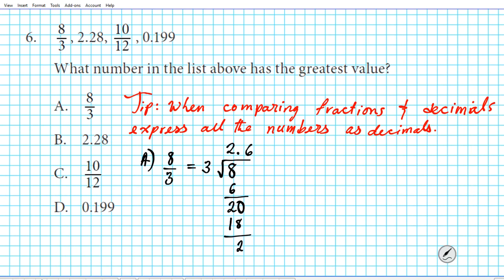Subtract, you get 2. This pattern basically continues forever, so we have 2.66 repeating. That's the decimal form of 8 over 3.